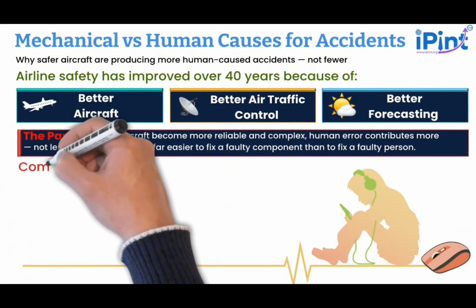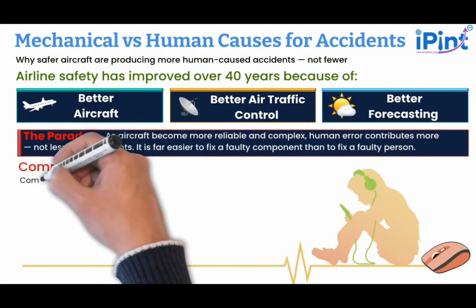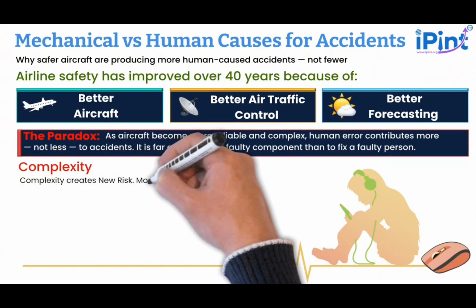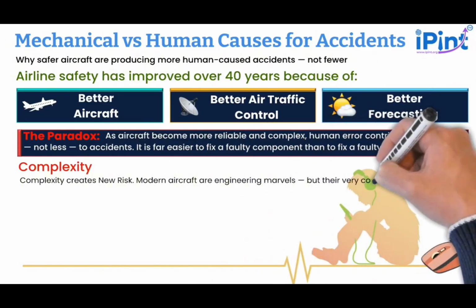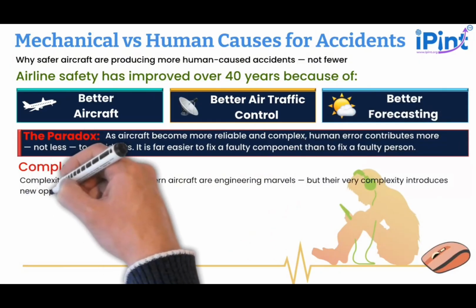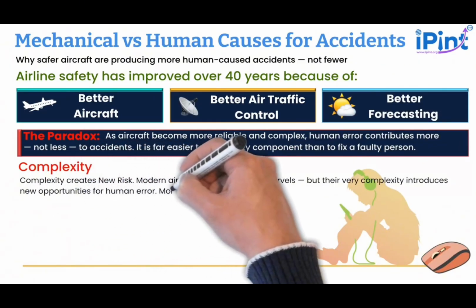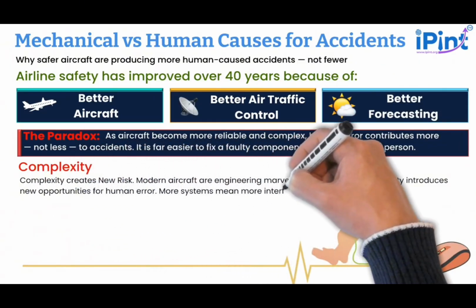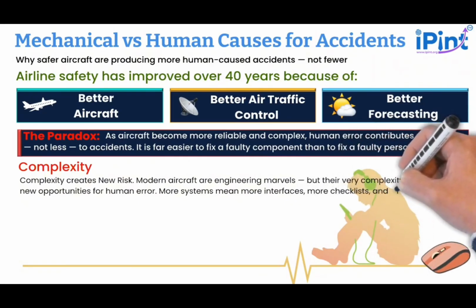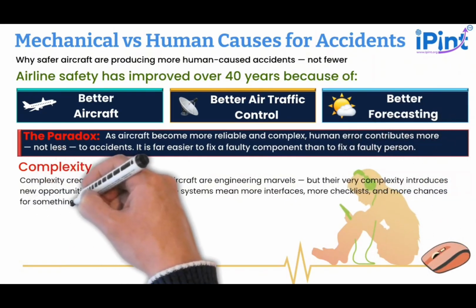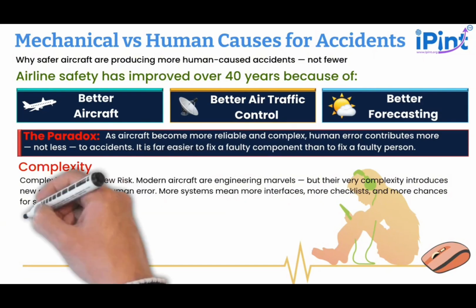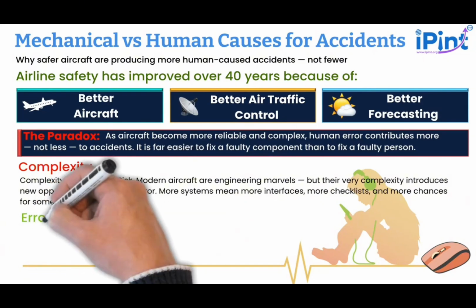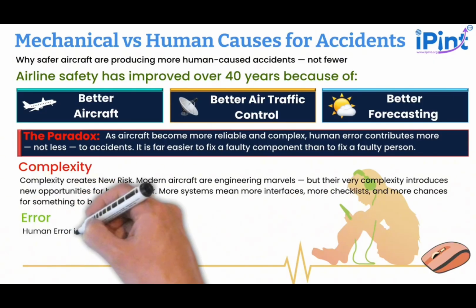Let's talk about complexity. Complexity creates new risk. Modern aircraft are engineering marvels, but their very complexity introduces new opportunities for human error. More systems mean more interfaces, more checklists, and more chances for something to be missed. Next, we talk about error. Human error is now the focus.